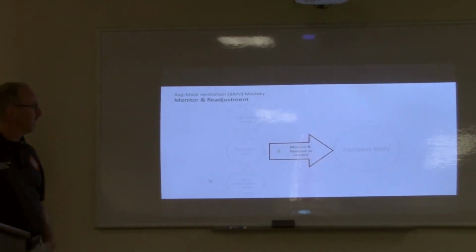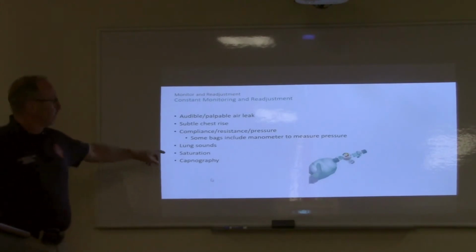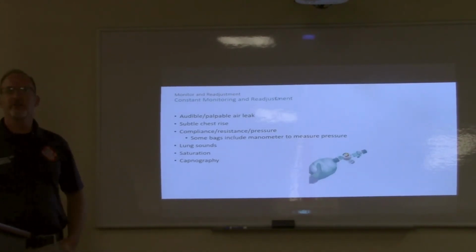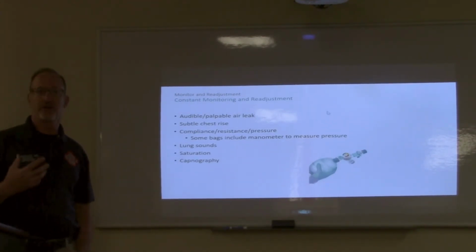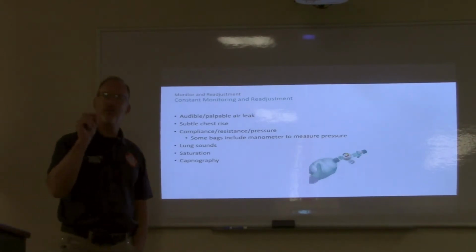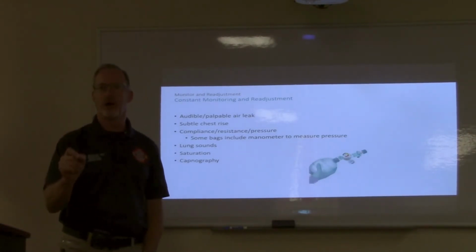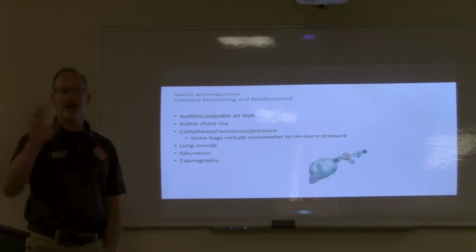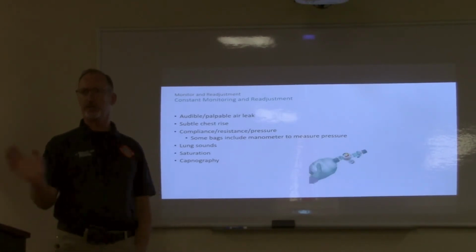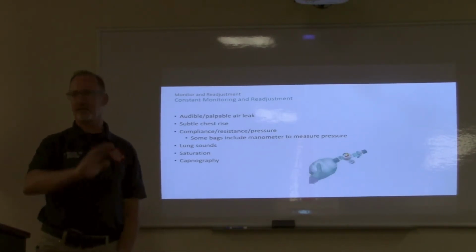All right, so we talked about that. Okay, so monitoring. So capnography. We started this by saying we've got to put the capnography on earlier. But why do we always have capnography when we're mask ventilating in the OR, not cardiac arrest? This is somebody who comes in perfectly healthy, elective surgery.